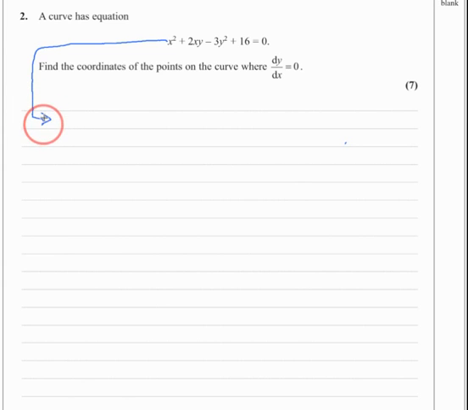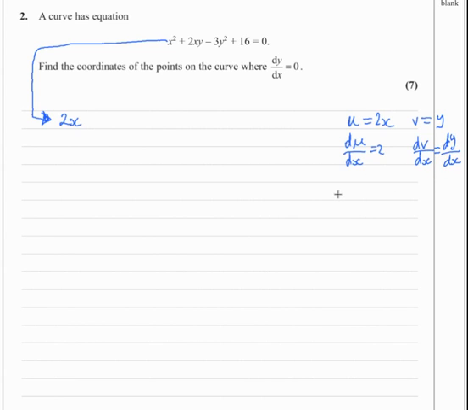both sides of this equation. So if I differentiate, I end up getting 2x. The 2xy can be differentiated using product rule. So if I let u equal 2x and I let v equal y, I have du dx is equal to 2. I have dv dx is equal to dy dx, that implicit differentiation right there.